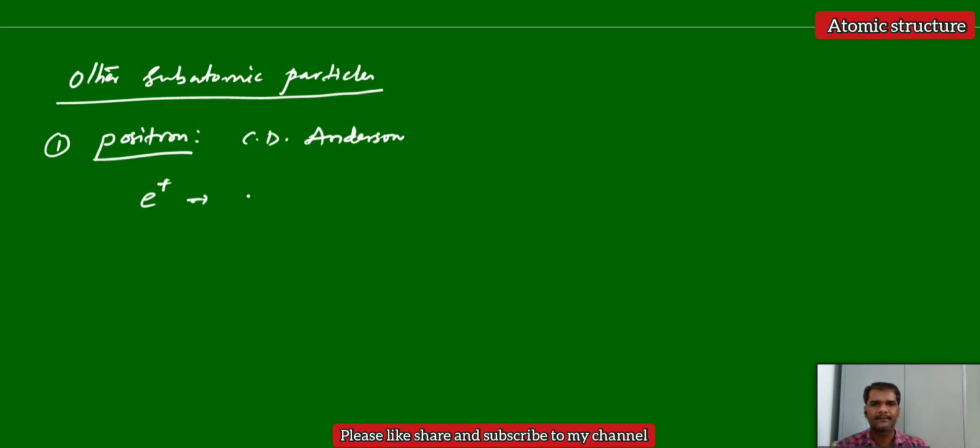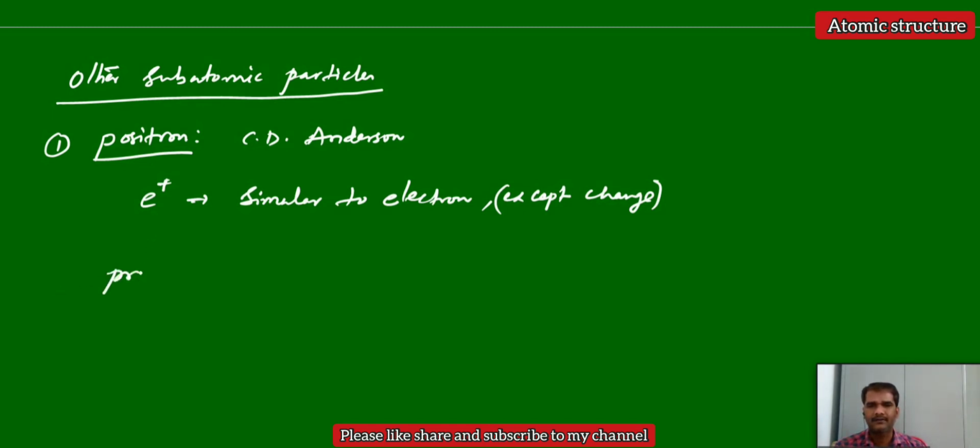But the remaining properties are similar to electron except the charge. In case of electron, we have the negative charge, but here it has the positive charge. Mass is the same mass of electron, and this positron can be emitted by decay of proton.